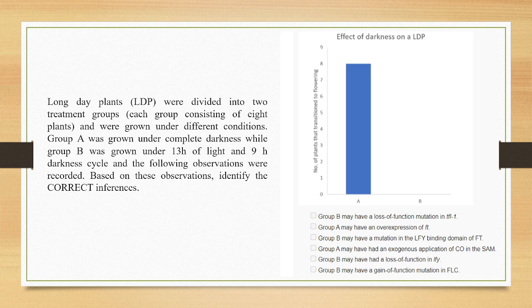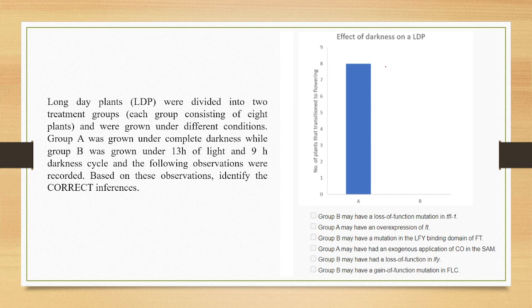So the question says that these are long day plants. That means they require more of the sunlight. Long day plants were divided into two treatment groups, so you can see that there are two treatment groups, A and B. Each group consisting of 8 plants and were grown under different conditions.